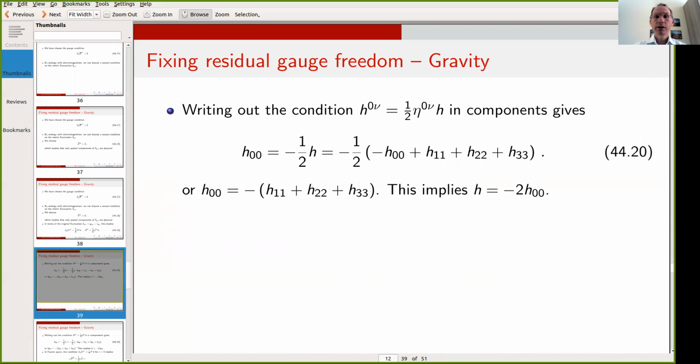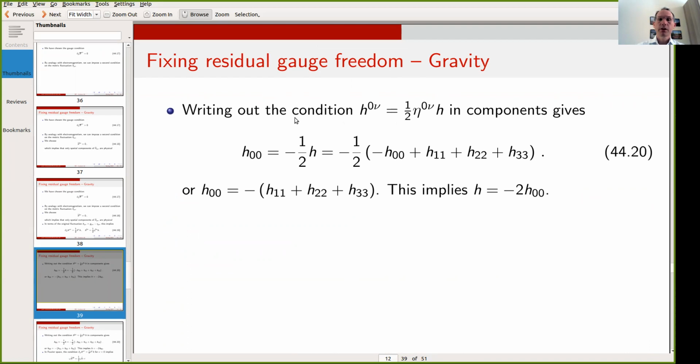So now that we have these 2 conditions, we can explore in more detail. We can, for instance, write this gauge condition here in components. If you look at the zero component here, you find that H00 is -1/2 times the trace H. If I write down the trace H in components, it's just the sum in Minkowski space over all the individual components of H, so minus H00 plus all the spatial ones.